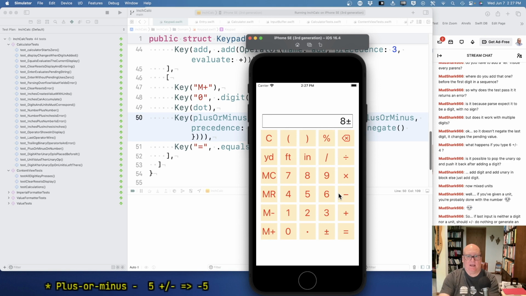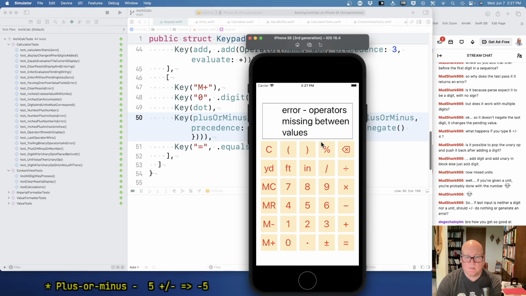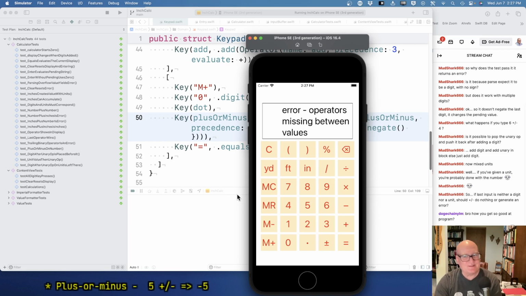I could see that. All right. Plus 3 equals error operator missing between values. Well, I don't know. If you watch me some days, it's like type, untype, type, untype. A lot of practice, I guess, over the time. Yeah.